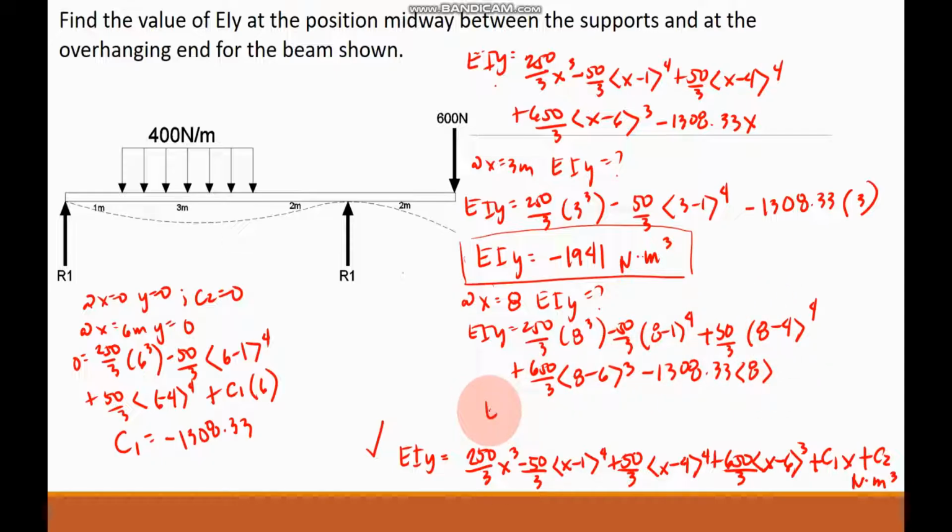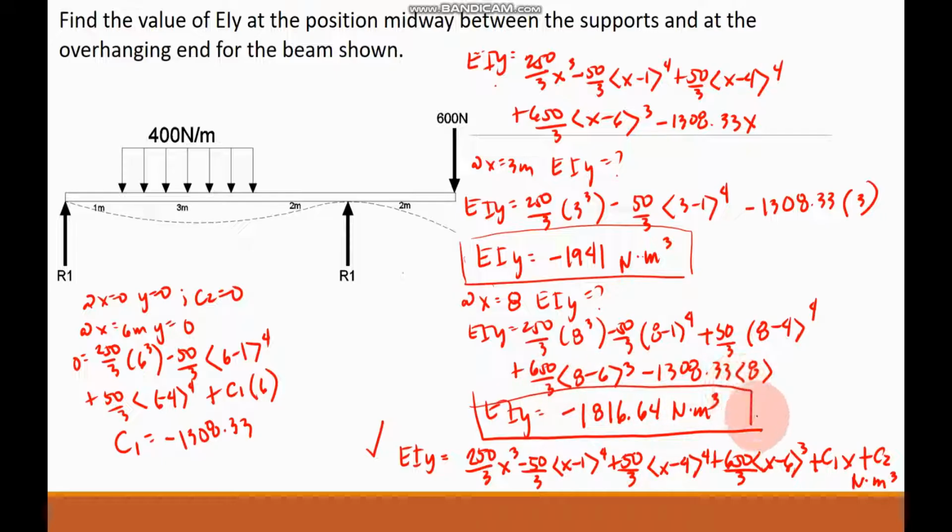Therefore, EIy is equal to negative 1,816.64 Newton dot meter cube. So this would be now our answer for the value of EIy at the overhanging end. So this is for the midway.